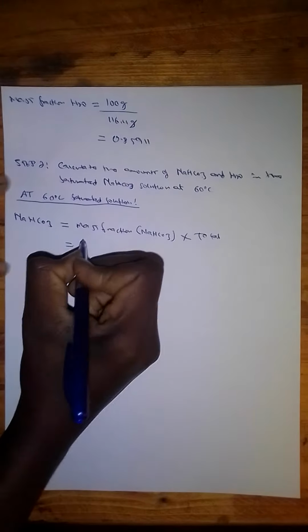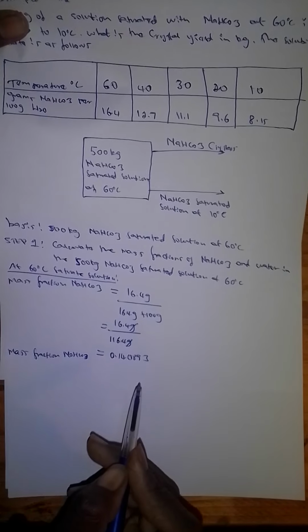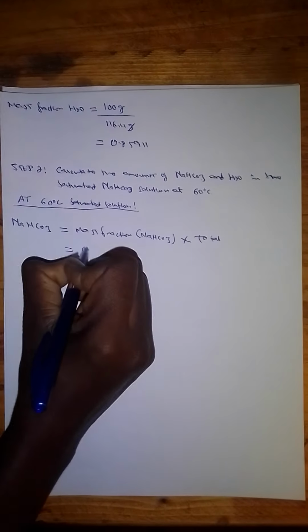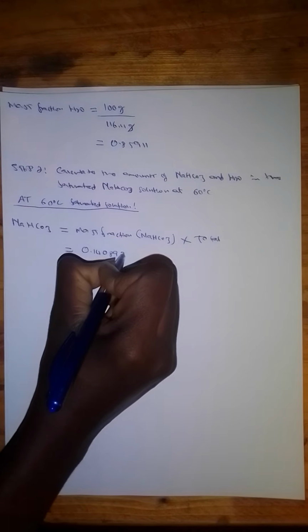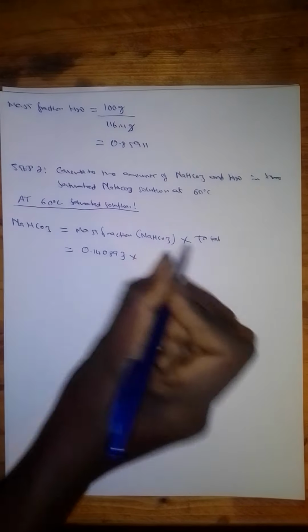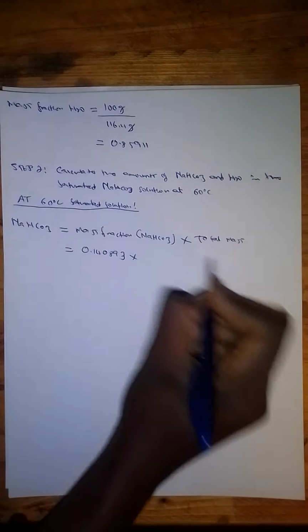We already calculated the mass fraction of NaHCO3 to be 0.140893, so it's 0.140893 multiplied by our total mass, which we know is 500 kilograms.